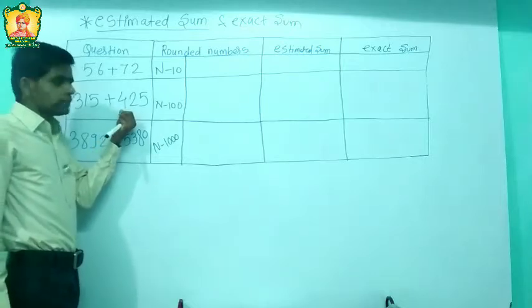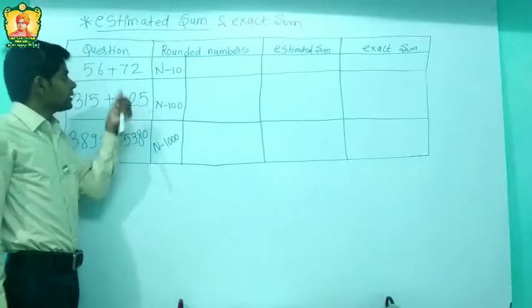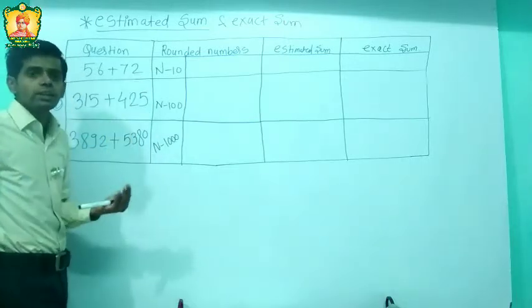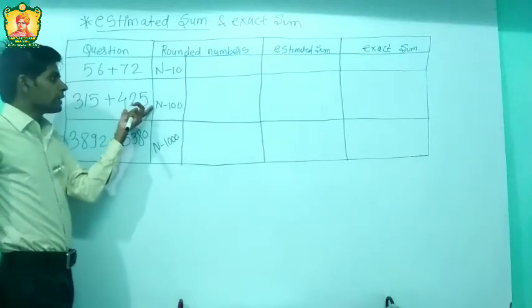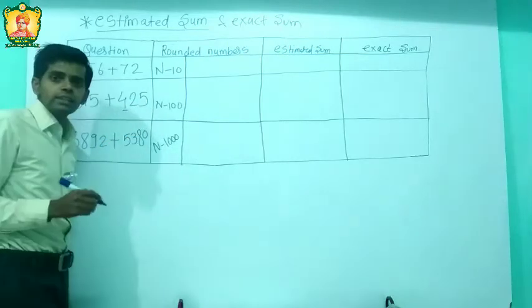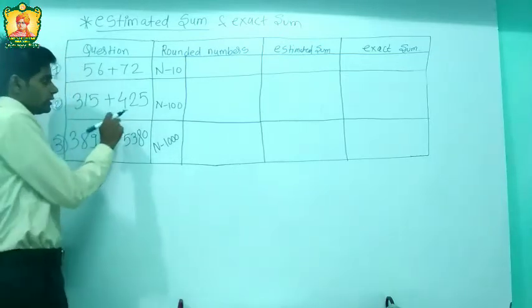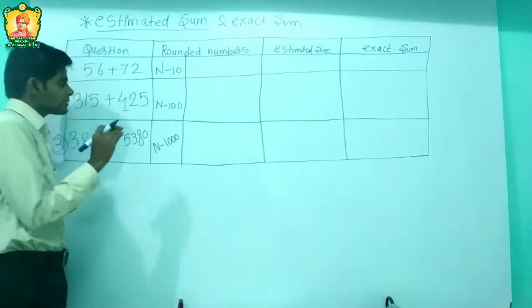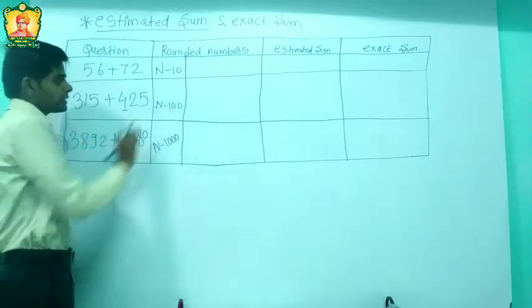There is a digit at the 100 place, but in the earlier numbers there was no digit at the 100 place, there was 0, so we found the nearest 10. In 425 there is a digit at the 100 place, and it is not 0, so we will round up the numbers to the nearest 100.